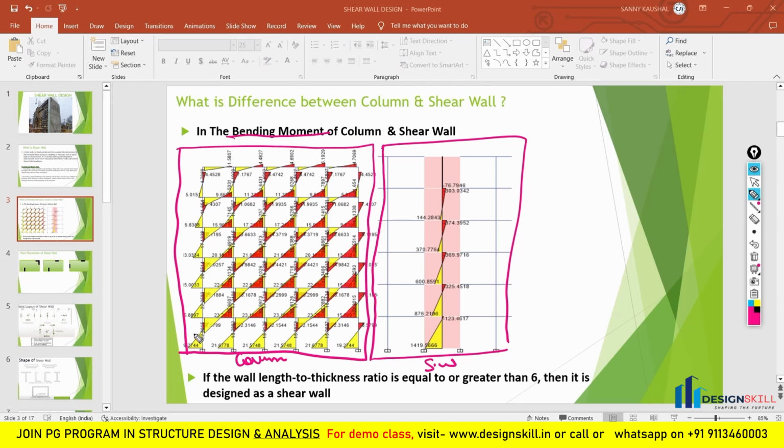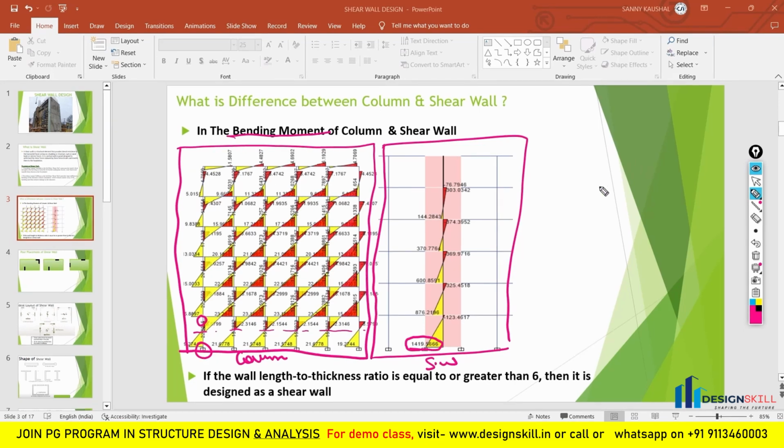If you look here also, you will find that in every column the point of contraflexure is in the middle of the column. So the first difference is that the point of contraflexure in the columns is in the middle of the story, so the maximum bending moment will be at the top or at the bottom of the columns.